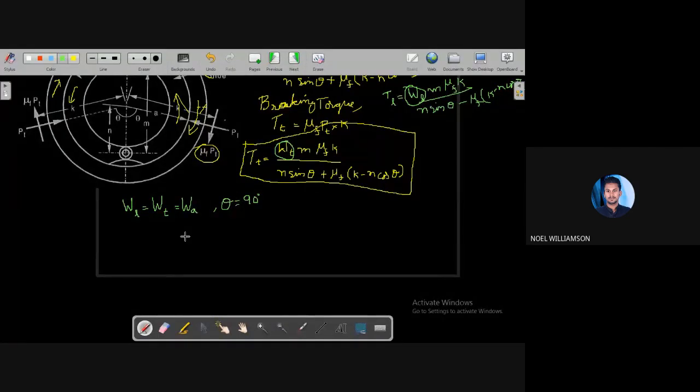So in that case, we can rewrite the relations for TL and TT.